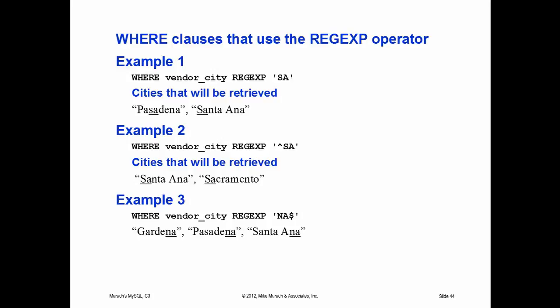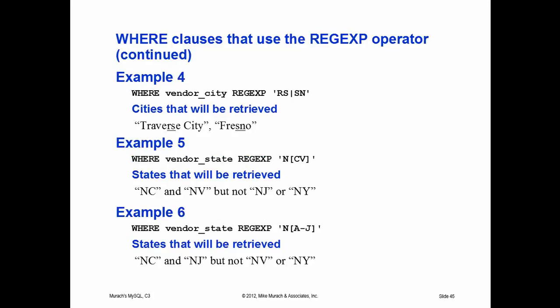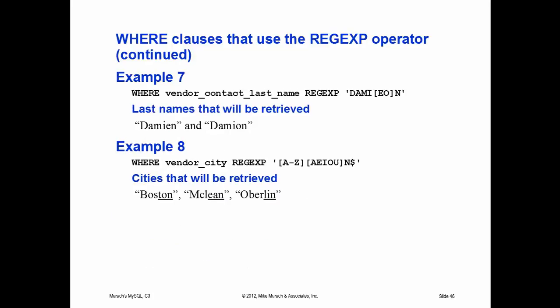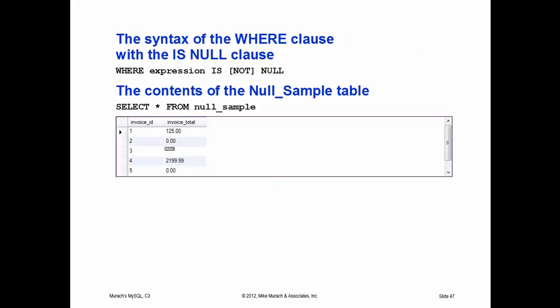Another way of doing that would have been where vendor city like and then percent sign SA percent sign would have done the same thing. So there's always a multiple number of ways of writing the same thing. More examples. The best way to learn this stuff is to keep going through it and not only going through examples that are in a book like this, but writing your own.